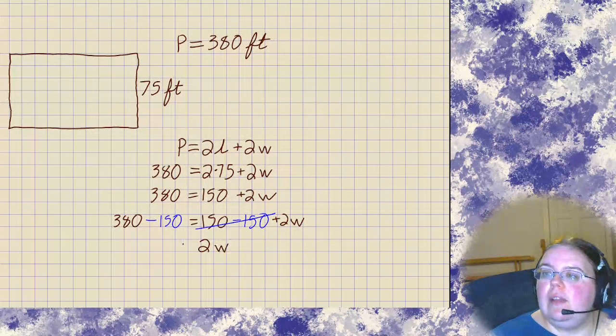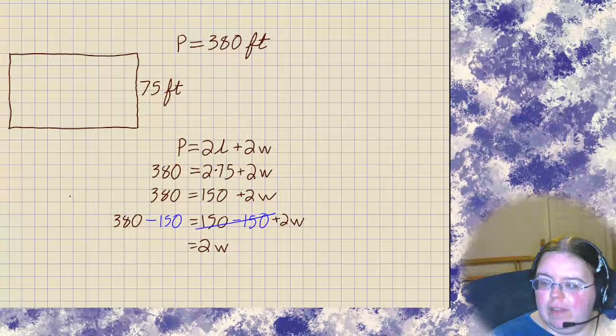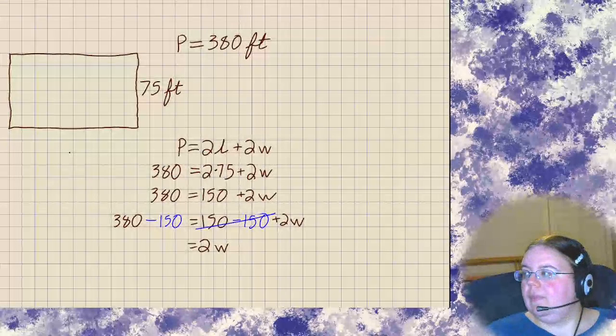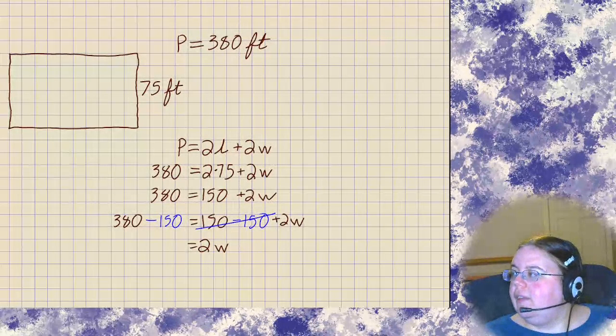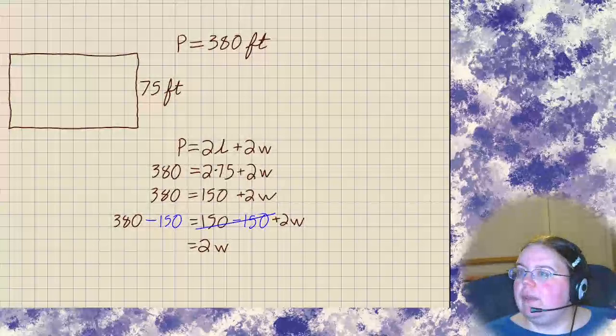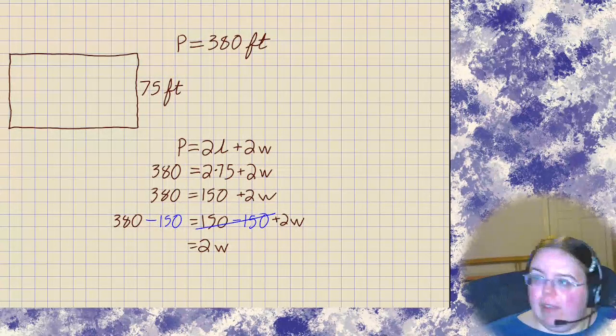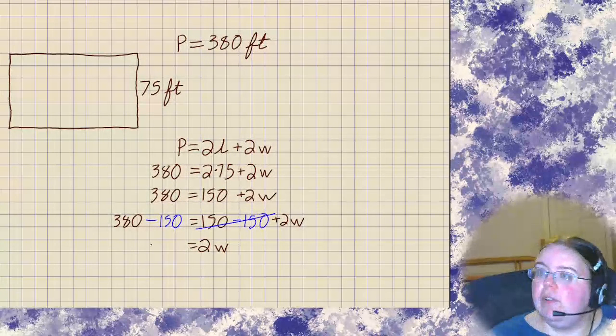So we've got the double the width is whatever 380 minus 150 is. Here I've got a calculator right here on my computer. Let's see, 380 minus 150. Any standard calculator can tell you that, and it turns out it's 230.